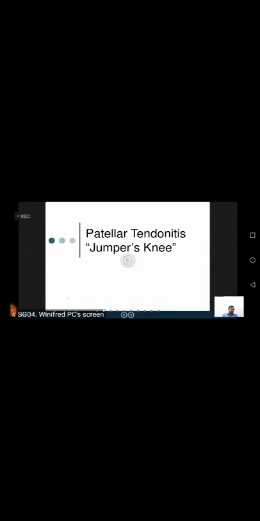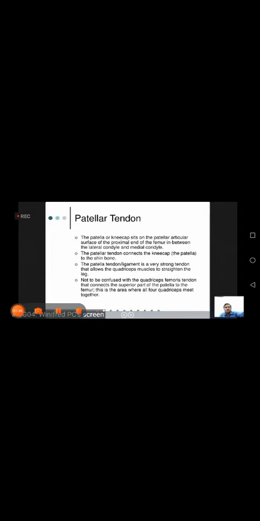So the patellar tendon comes just near to the patella and has all the quadriceps muscles. All these quadriceps muscles, the rectus femoris, vastus medialis, vastus lateralis, and vastus intermedius, all these four muscles join together to form the quadriceps muscle, and these join together to form a single tendon.